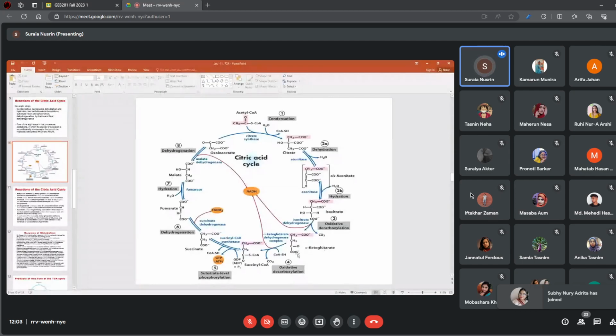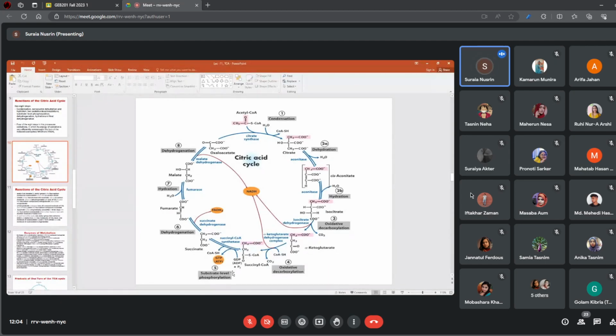Next step, we get the intermediate alpha ketoglutarate having the remaining carbons, and alpha ketoglutarate then undergoes another oxidative decarboxylation, and the enzyme is the alpha ketoglutarate dehydrogenase complex. That means this enzyme is not a single enzyme. Multiple enzymes are working, like the pyruvate dehydrogenase complex we learned, and we get succinyl CoA because coenzyme A is added to the substrate.